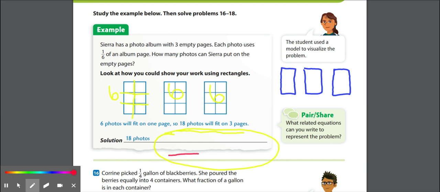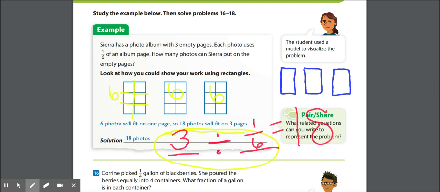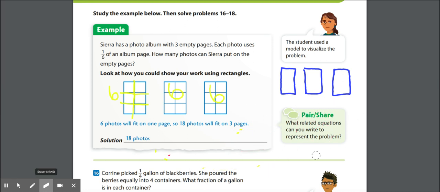Okay, what is being cut up into what? 3 blank pages being cut up into sixths, which means I can put 18 photos on those pages. Okay, let's move on to the next one.